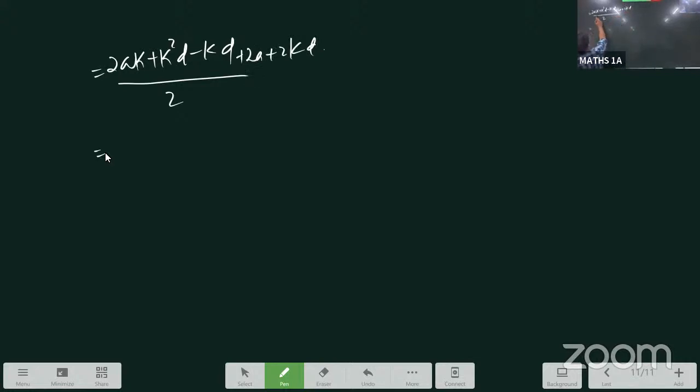Okay, so 2kd minus kd is kd. So 2ak plus k square d plus 2a plus kd, whole divided by 2.